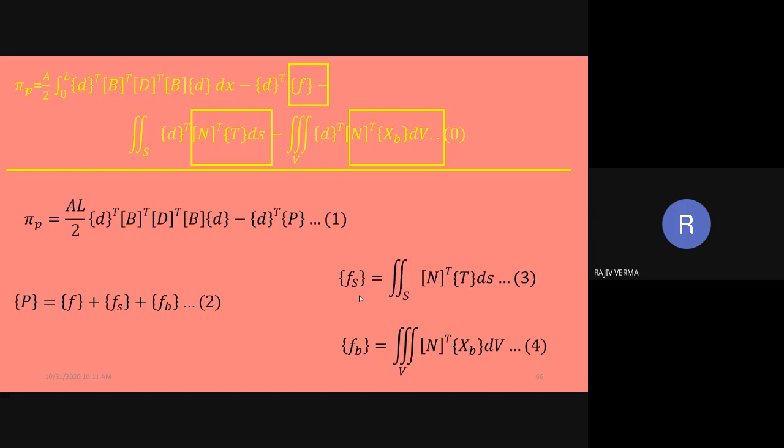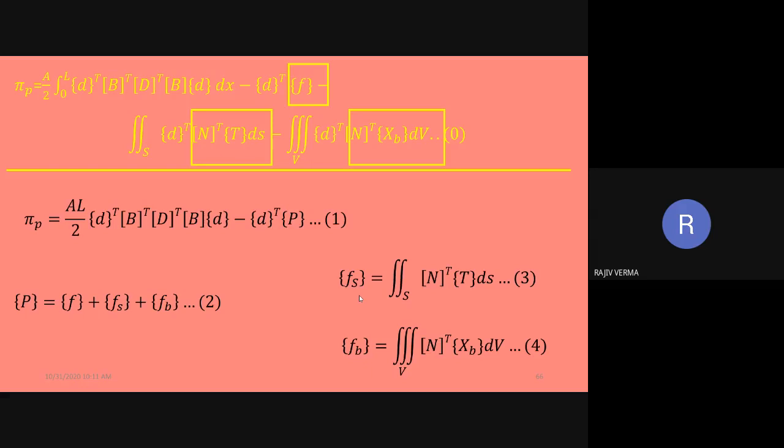Equation number 3 can be used to transfer the surface load into equivalent loads acting at the two nodes of the element. Similarly, equation number 4 can be used to transform the body forces, that is forces such as gravitational or magnetic forces, into equivalent forces acting on the nodes of the element.